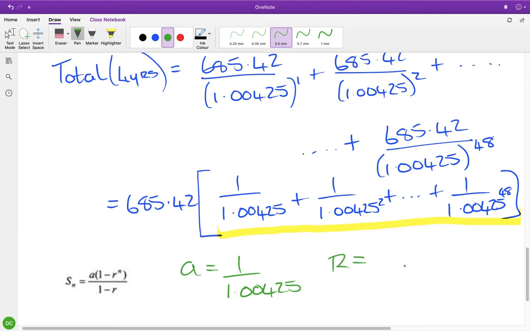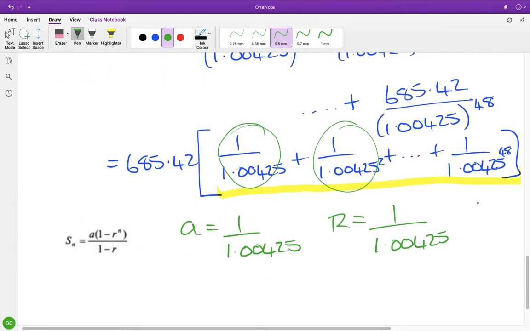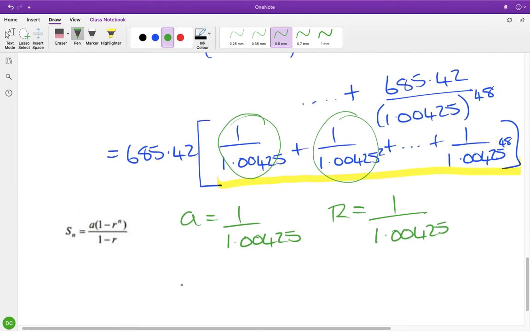And R is the common ratio. So the way you get the common ratio is you take the second term and you divide it by the first term. Okay, and if you take that second term and divide it by the first term, this is what you get, 1.00425. Okay, and we know that n is the number of terms in the sequence, we know there's 48. Okay, so throw all that in.